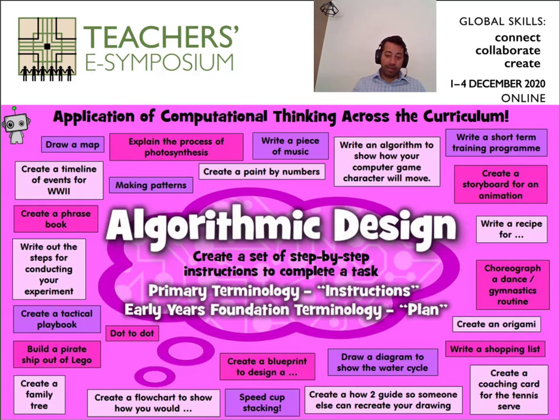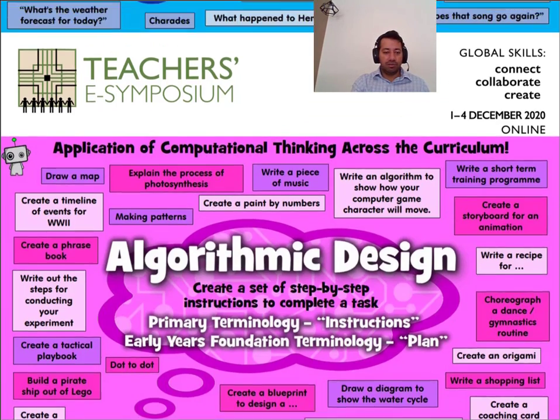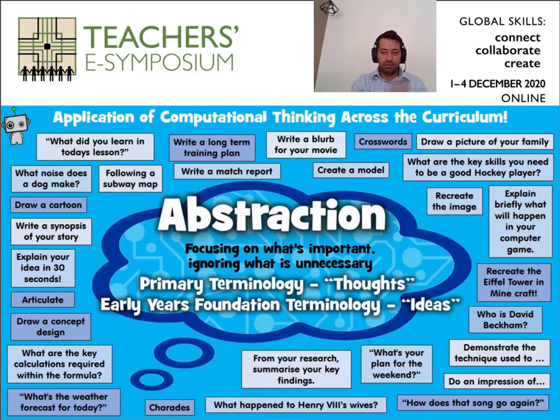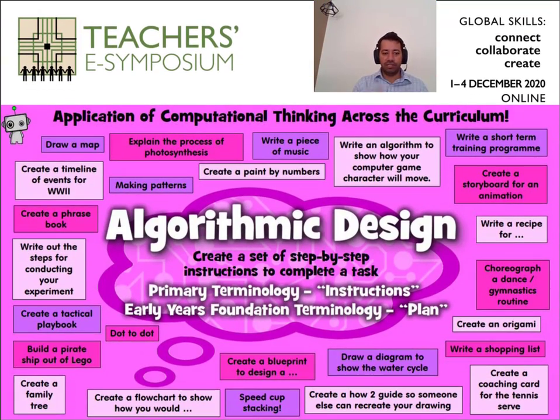You don't care about where it turns and twists. You just care that this is connected to that. So they have removed all the unessential information, abstraction, and created an effective algorithm for you to figure out how to get from A to B. It's creating a blueprint, creating a design, creating a flowchart.